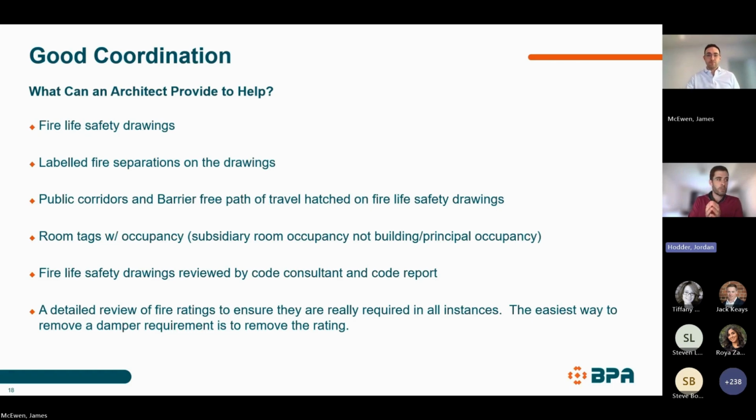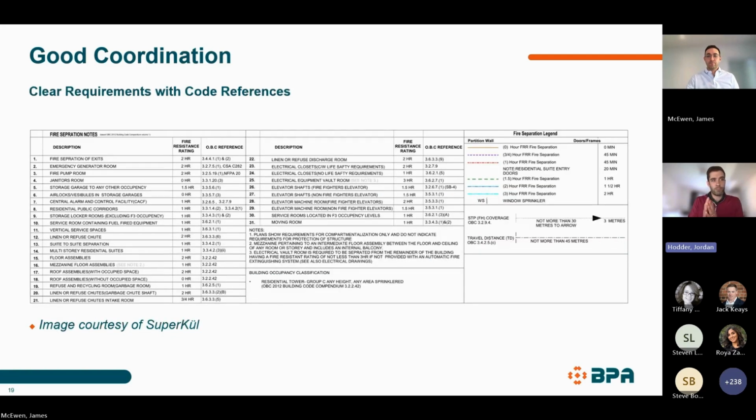There's a lot of opportunity for us to go through our decision tree to eliminate dampers if we know that information. And then it's very important that everything's reviewed by a code consultant and get their input as well. Jack and his team do a great job. And there's some opportunities where we can get rid of the rating as a starting point, and that's the best way to start getting rid of dampers.